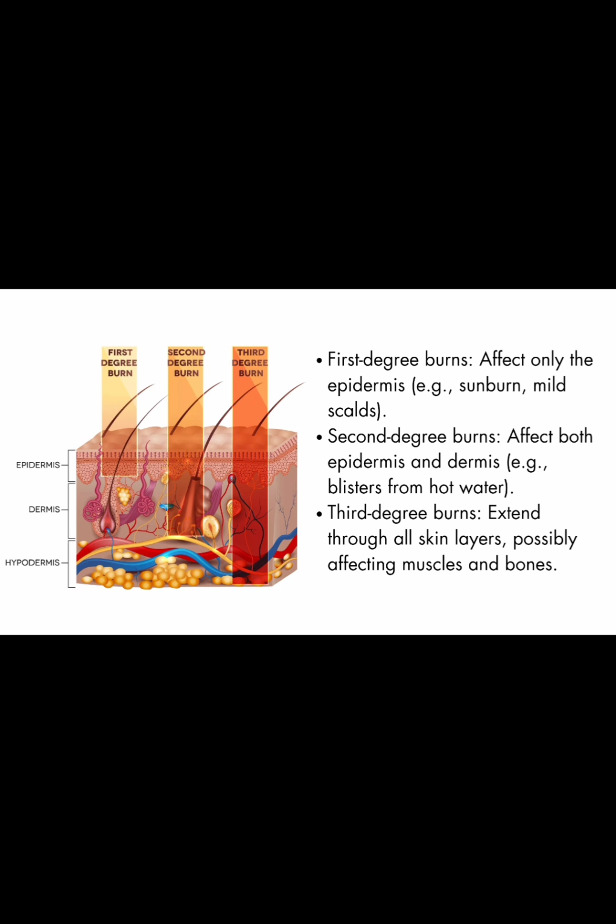Second degree burn affects both the epidermis and the dermis underneath. This is when you get a little burn and you get the blisters, for example from hot water. Third degree burns extend through all skin layers, possibly affecting muscles and bones.